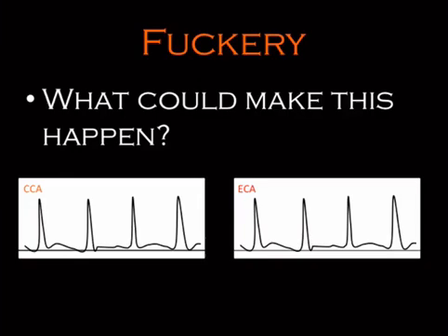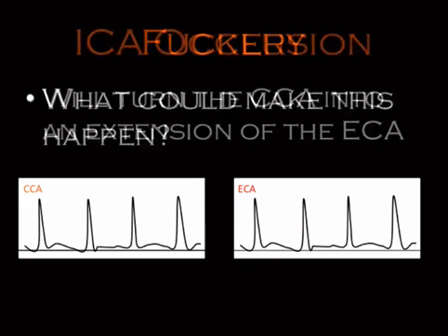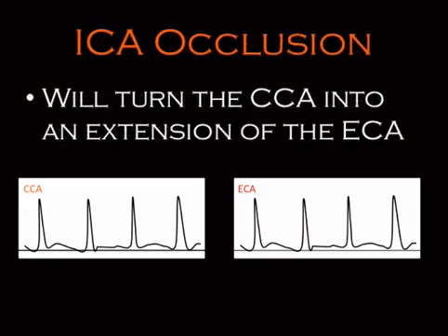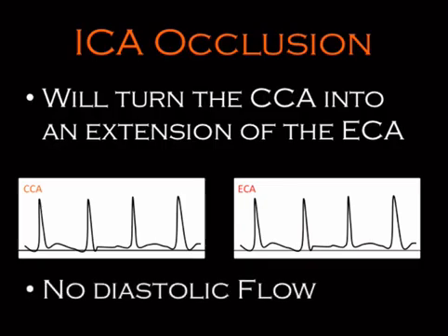The diastolic flow is pretty much zero at diastole. It's baseline. What can make this happen? Basically, occlusion of the internal carotid will make that happen. So it basically turns your common carotid into your external carotid. Note the lack of diastolic flow.